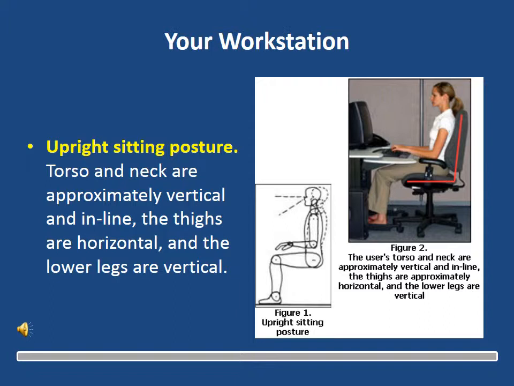This is a picture of a person in an upright sitting posture. You will notice, starting at the head, that the head is directly above the shoulders. You'll also notice the shoulders are directly above the hips. This is a very vertical position, and then you'll notice that there's a 90-degree angle between the hips and the low back.